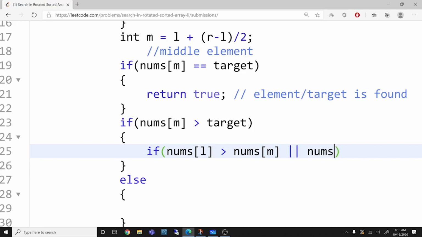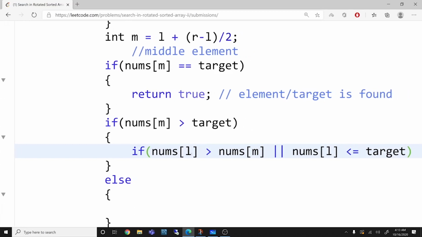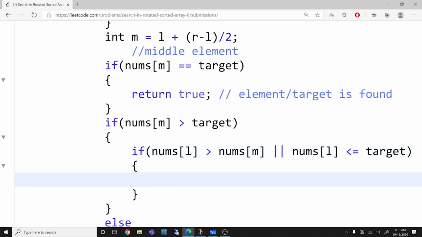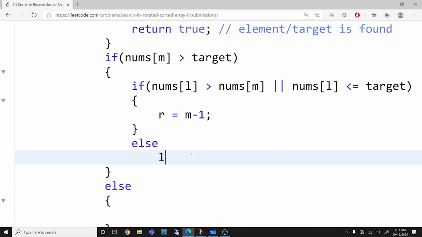Or nums of L is less than equal to target. And this was the condition when my M lied in the upper line. So what I did in this condition was R is equal to M minus 1. Alright. Else, what I discussed, my L will be incremented ahead. So my L becomes M plus 1.